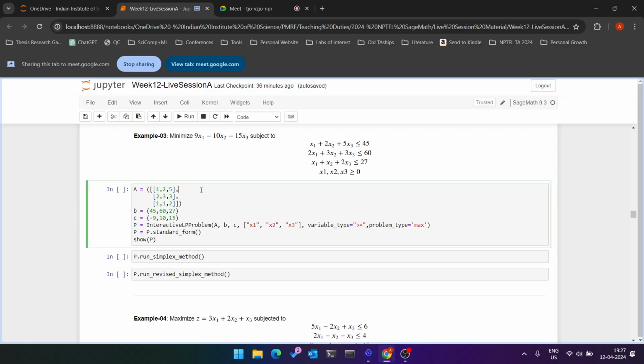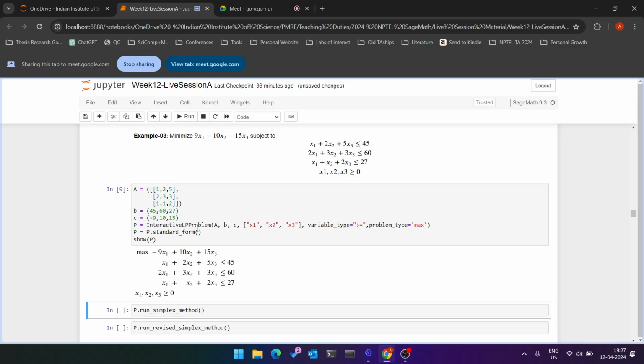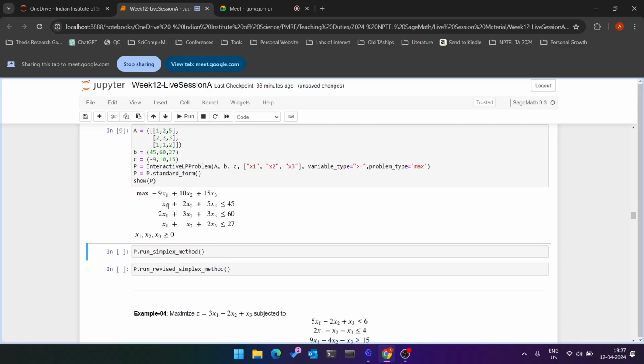So we first write down our constraint coefficient matrix A, our constraint right hand side vector B, and objective coefficient C, which we have multiplied with -1 to maximize it, and then I write down my interactive LPP problem. So this is how my problem looks.